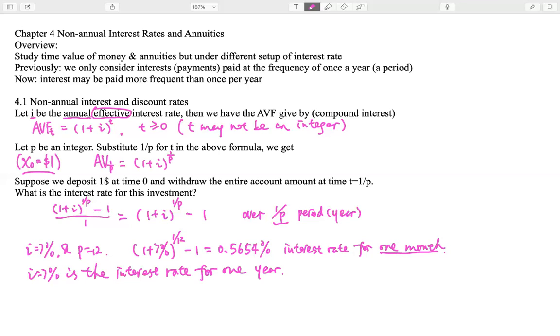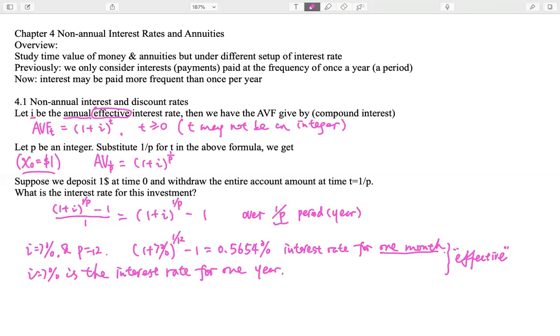So both are in the sense of effective. The meaning of effective again is straightforward because there are no hidden fees. 7% gives you exactly how much interest you will earn over 1 year.